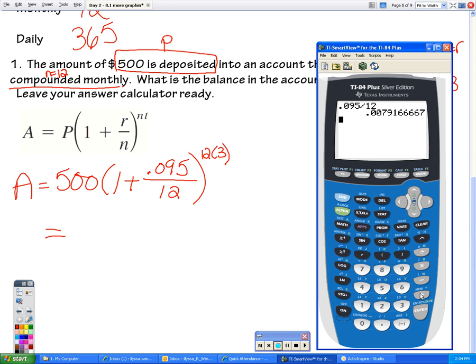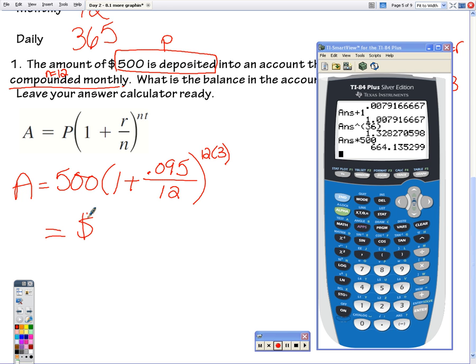Then I'm going to say plus 1 to the 12 times 3, well, that's 36, times 500. So at the end of the 3 years, we will have $664.14.